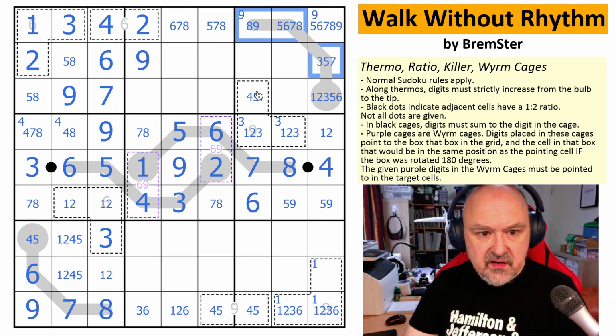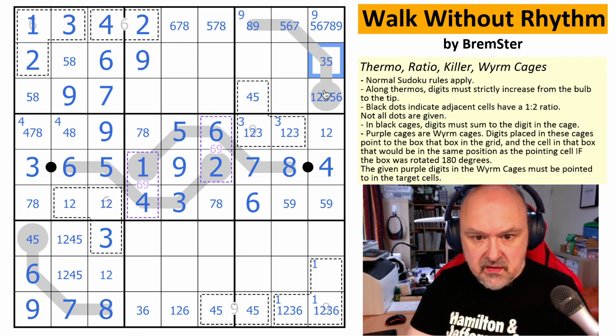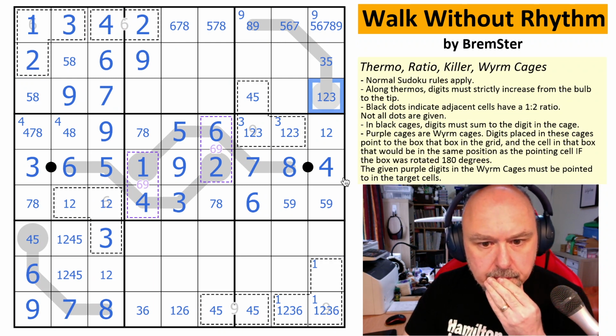This is 7, 8, 9. Oh, I can't put 8 there. So I can't put 7 there. I can't put 5 or 6 there. And that's because of that 8. That restricts that a lot more.